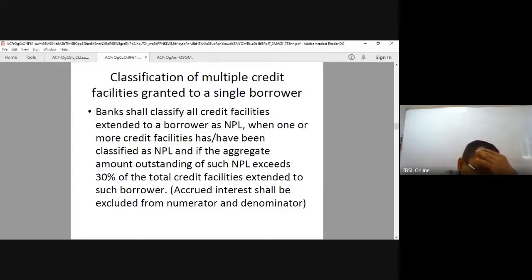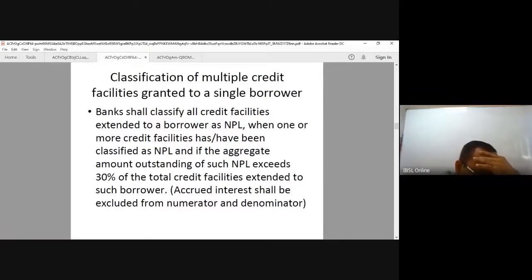Need to be very careful, because for example, let us say you have a term loan and an overdraft facility. You have given a total of 40 million term loan and 60 million overdraft, and the 40 million term loan has become classified because for over 90 days from the due date he has not paid.